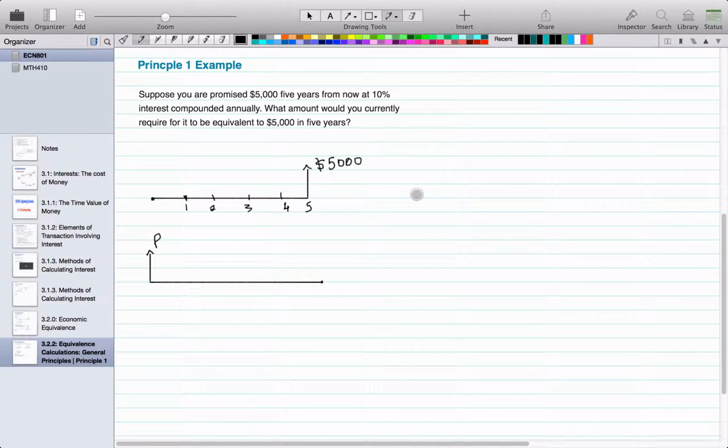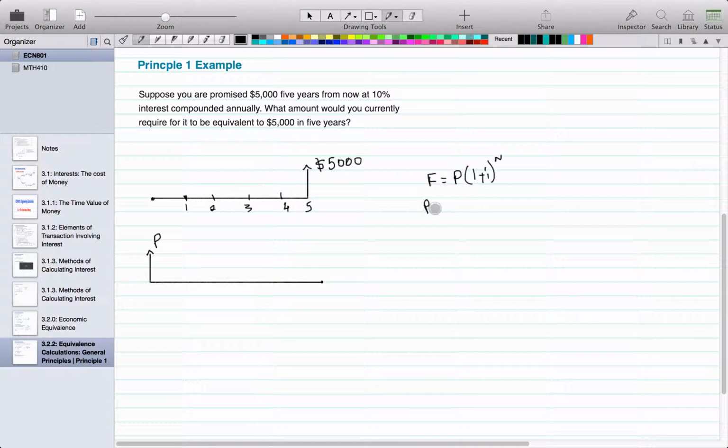Well, we have our equation, which is F is equal to P times (1 + i) to the power of n, and we are trying to find out P. We have F and we have i, which is 10%, and n is equal to 5.